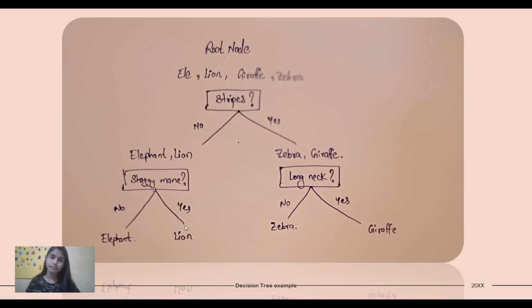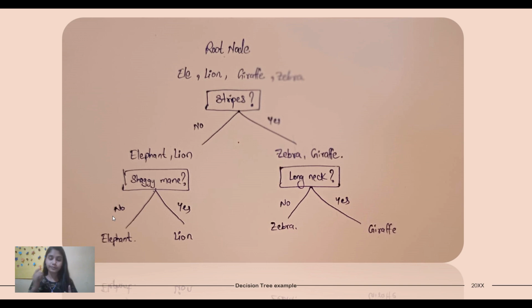Then again we divide it into classifications, yes or no. Then we have elephant on the left hand side and lion on the right hand side. So elephant, lion, zebra and giraffe are now in separate groups, and these all are leaf nodes. So finally the decision tree has ended.